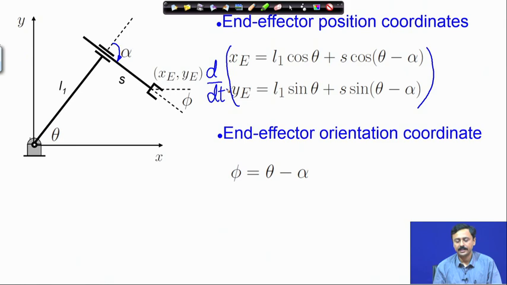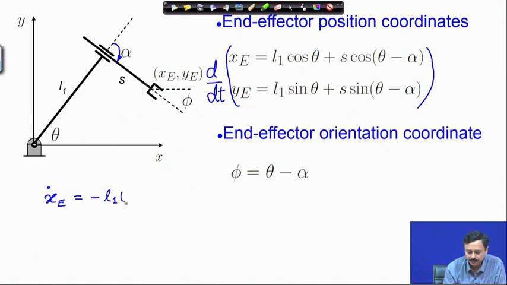If you take the time derivative of these relations, you obtain x e dot equal to minus L 1 theta dot sin theta. I am writing s theta in place of sin theta.